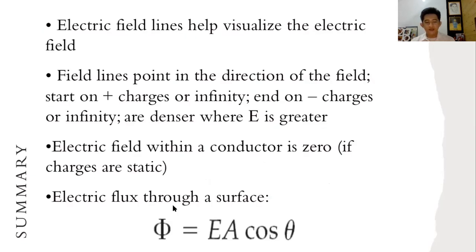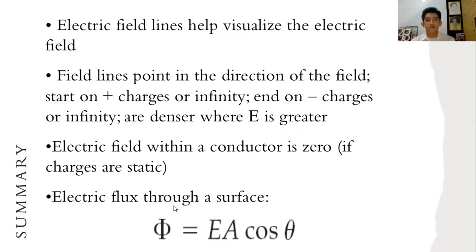Electric field lines help visualize the electric field itself. The field lines point in the direction of the field, start from the positive charge or infinity, end on the negative charge or infinity, and are denser where E is greater. In the illustrations and simulations we showed earlier, you will notice that the field is greater when it's near the charges.